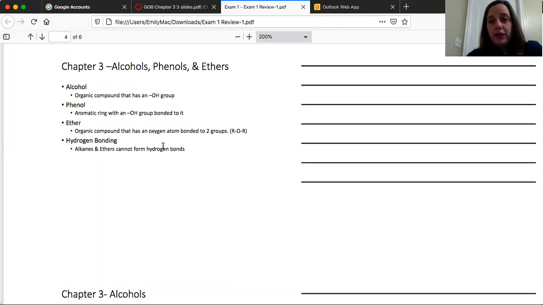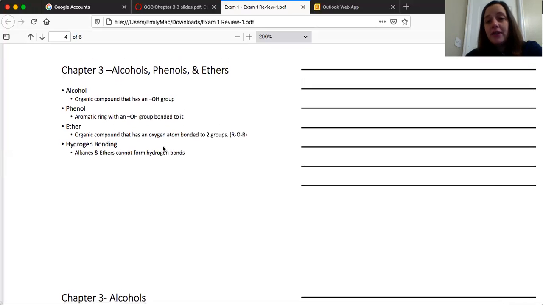Okay, chapter 3. So hopefully you've gotten through all of chapter 3. If you haven't, make sure to finish that up. It's all about alcohols, which have an OH group attached to the carbon chain. Phenols have an OH attached to an aromatic ring, but again, phenols are not alcohols. And then an ether has a carbon chain on both sides of an oxygen, so that's the ROR.